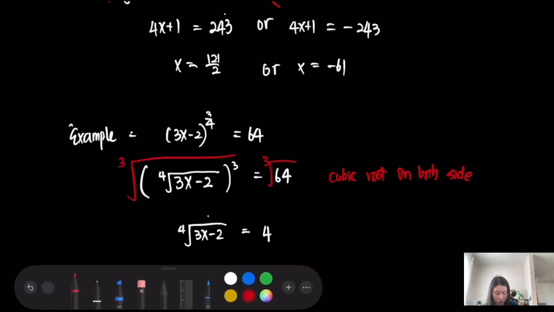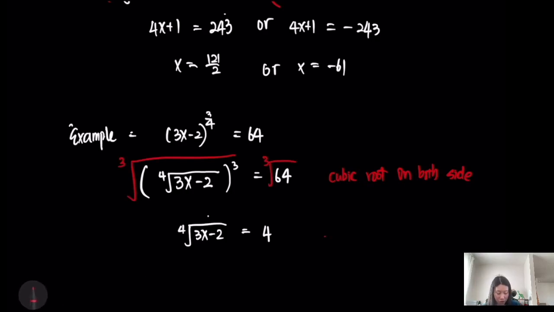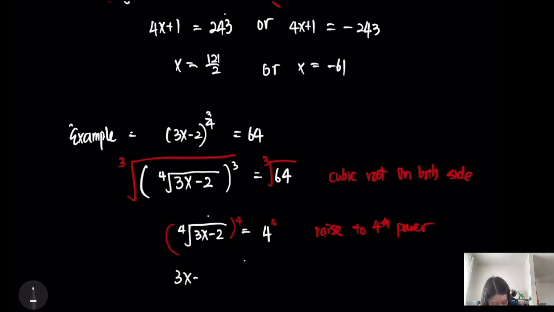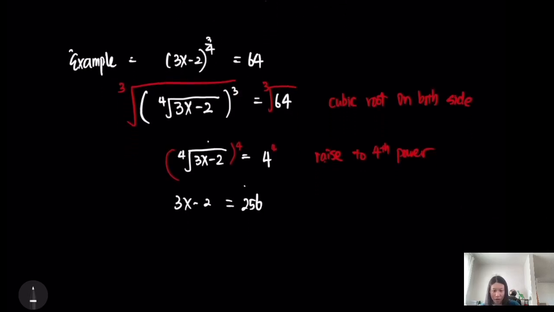Now, after you take the cubic root, the next step is to raise that to the fourth power on both sides so that I can get rid of the fourth root. So this is 3x - 2 equals 4 to the fourth power, which is 256. Now I can solve for x. You can just use the regular way to solve for x. So x is equal to 86.